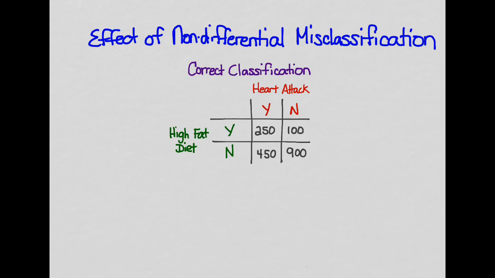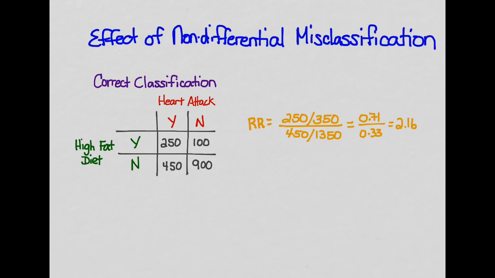In this case, we can calculate the relative risk, which is the incidence in the exposed, 250 over the total exposed, over the incidence in unexposed, which ends up being 2.16.